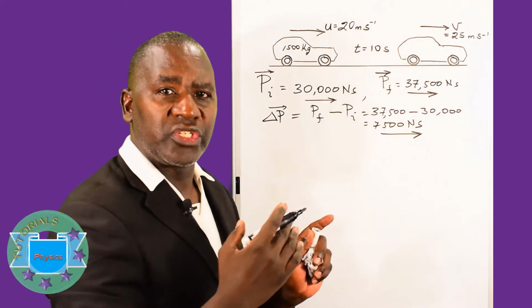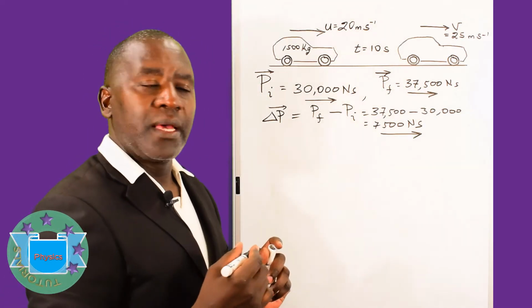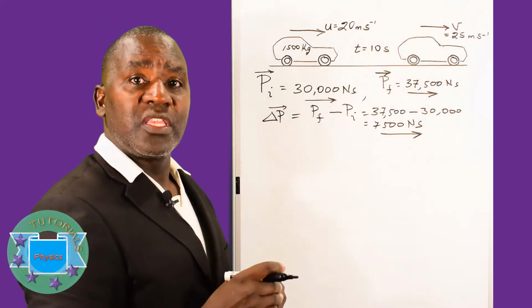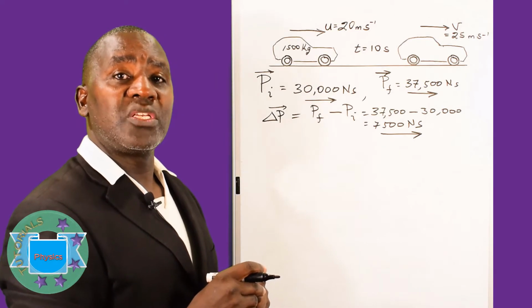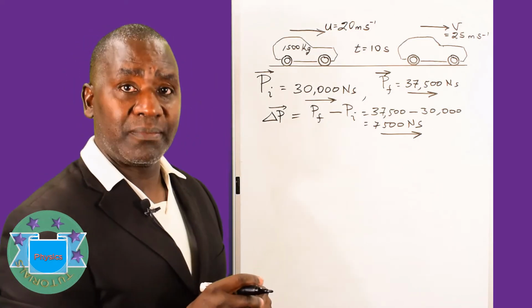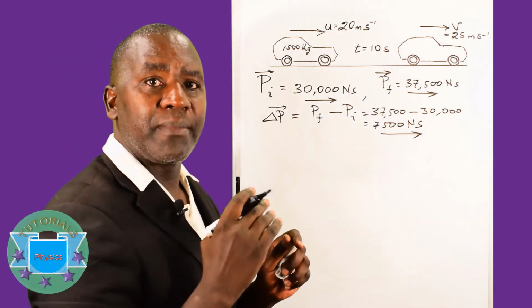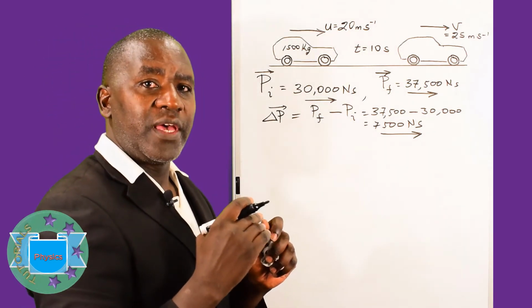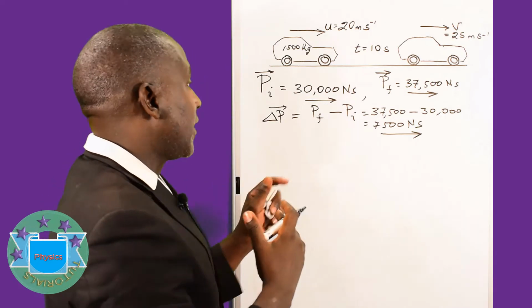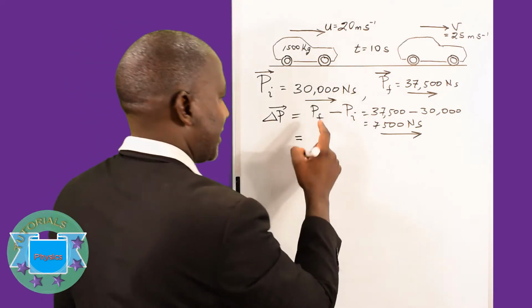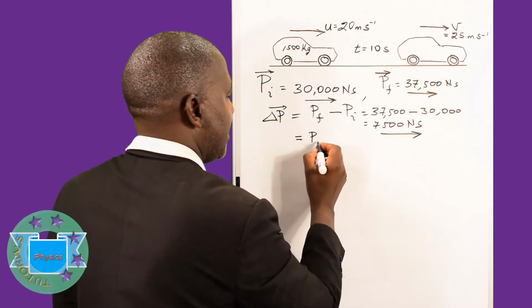That situation is easy. But suppose the particles were not moving in the same direction. What will be the direction of the change in momentum? Let us use the same situation, but this time I want to use the idea of head to tail. So I want you to realize that this can be written as this.